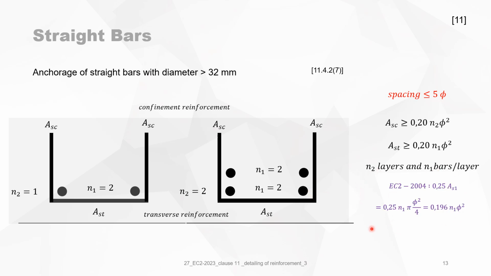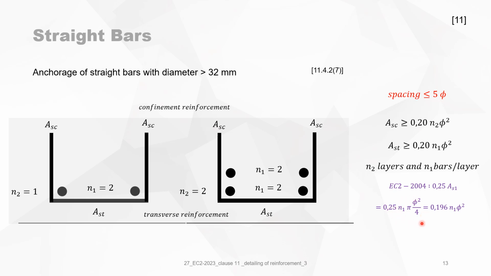Now, compare it with the Eurocode 2 version 2004, where there is only one formula, which is 0.25 times the reinforcement to be anchored. But if you rework it, the reinforcement to be anchored is of course N1 times V squared over 4 when the same bar size is used in the same layer of reinforcement.